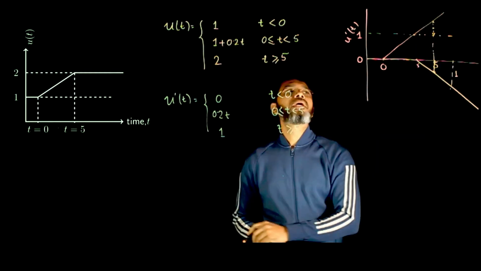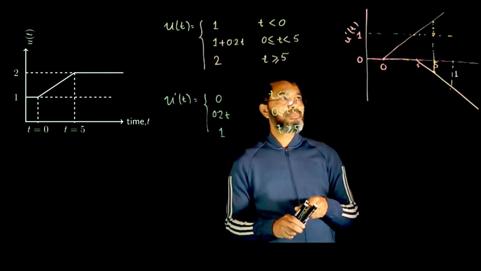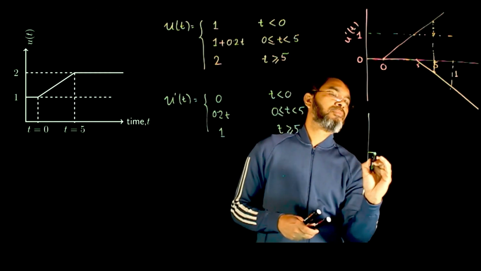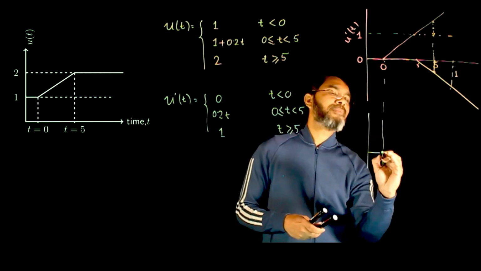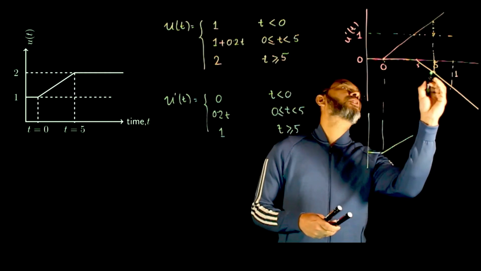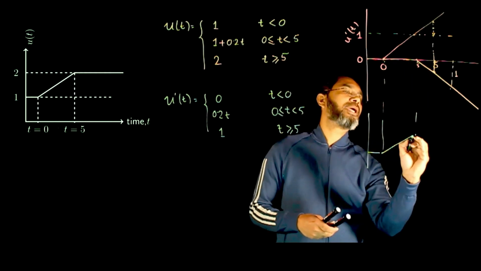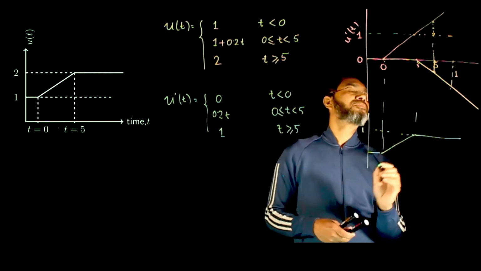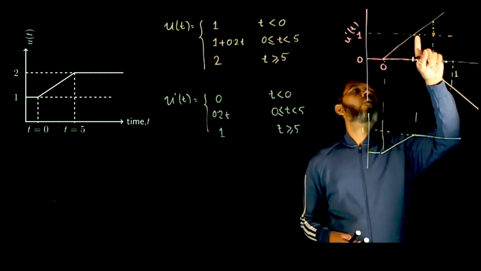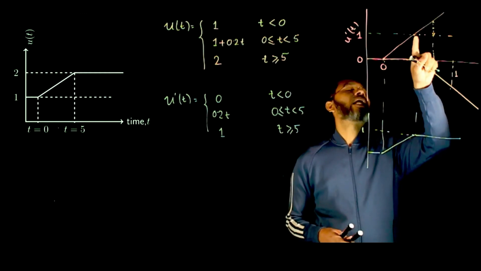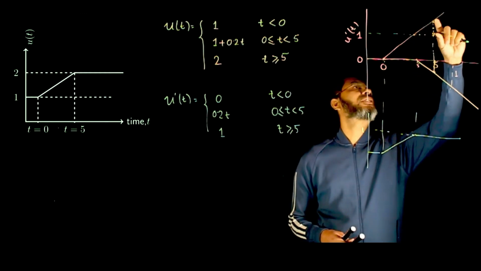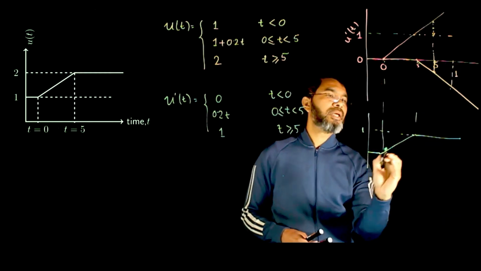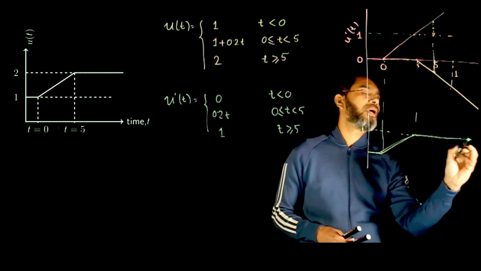So you get the original signal, which is represented as follows. At time 0 it goes up, and at time 5 it becomes constant at a value of 1 and remains there. After time 5, whatever value this signal has beyond 0 is cancelled out by this negative signal over here. So eventually you get the signal that we are looking at.